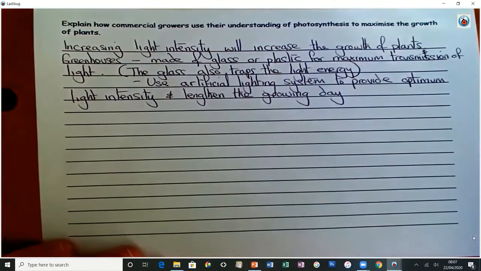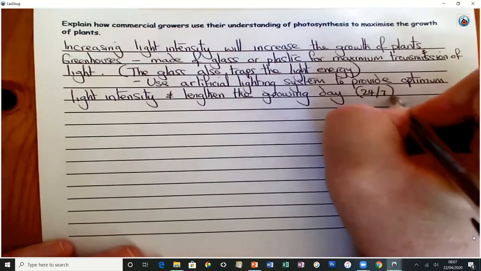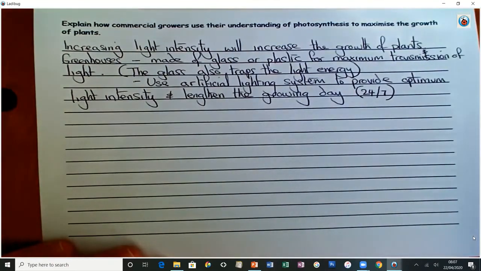So you could have the plants photosynthesizing 24/7 if they're given light 24/7.